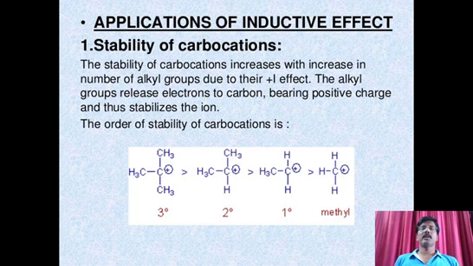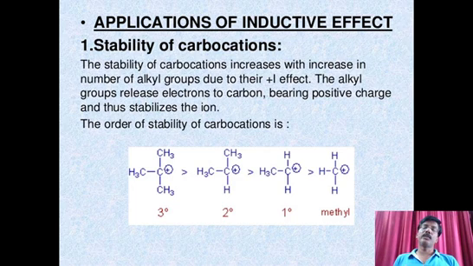Whenever we talk about any ion, the ion is more stable if the charge is less, and less stable if the charge is more. So if the groups present on the carbonium ion can reduce the positive charge, naturally it becomes more stable. If they increase the positive charge, it becomes less stable. This is the main point we have to understand here.